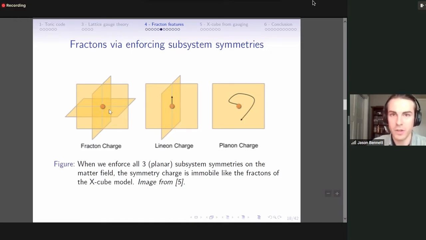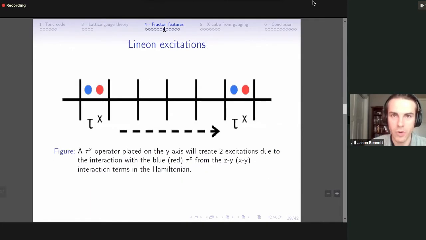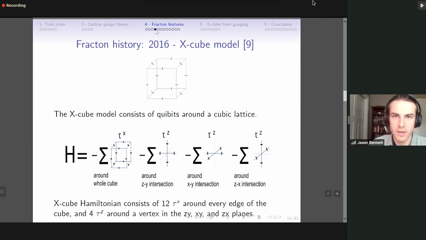In particular, these lineons can be viewed kind of in a lower dimension as well. If we just look at a tau x operator on, let's just pick the y-axis, so we're looking along this direction, if we place a tau x along one of these y directions, the tau x would just commute with this, so there would be no interaction.